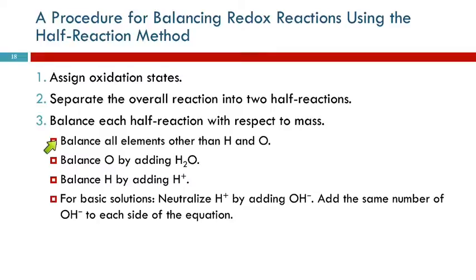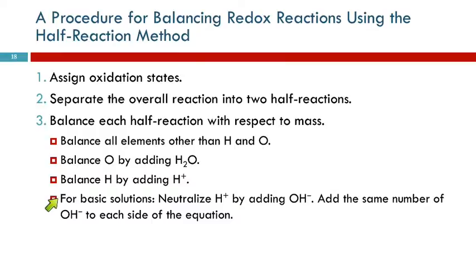All of these are occurring in aqueous solution, so water has hydrogen and oxygen. Then you balance the oxygen by adding water, H2O, wherever you need it to balance the oxygen. And then you balance the hydrogen by adding H pluses. This would be assuming that you have an acidic solution.